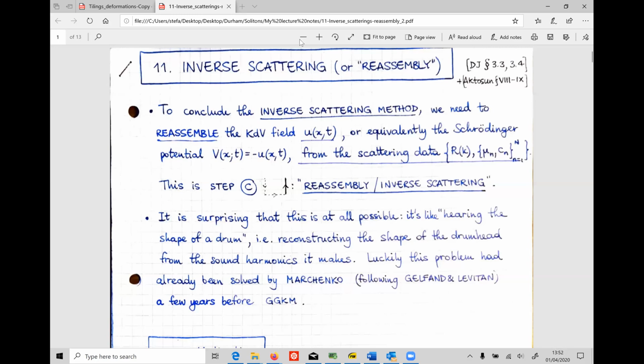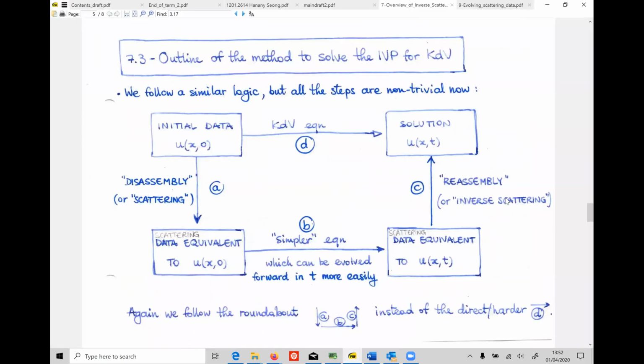So, let me start by reminding you the whole idea of the inverse scattering method. We wanted to solve the so-called initial value problem for the KdV equation, which is a nonlinear partial differential equation of the first order in time. We need to specify some initial data, which is the profile of the field u, a function of x at a fixed initial time, let's say time t equal to 0.